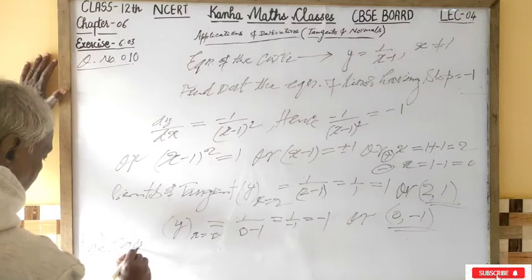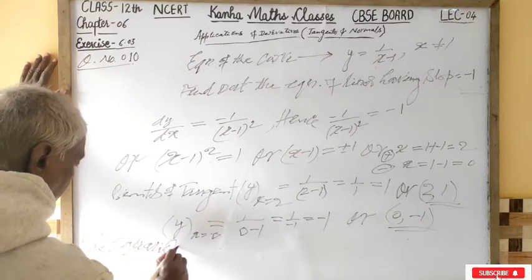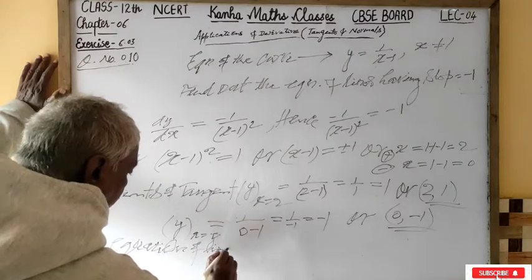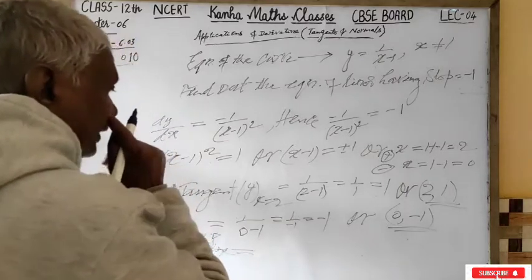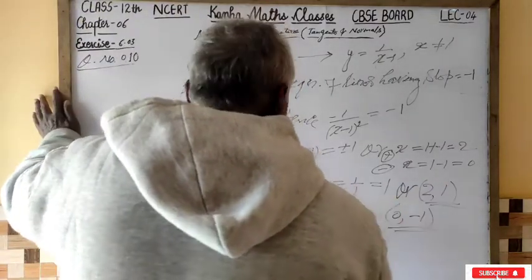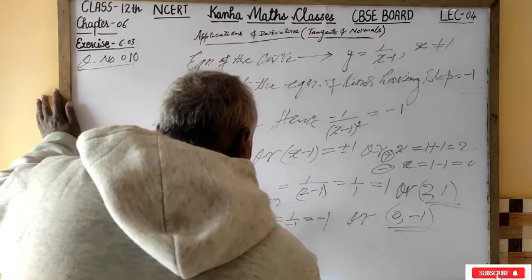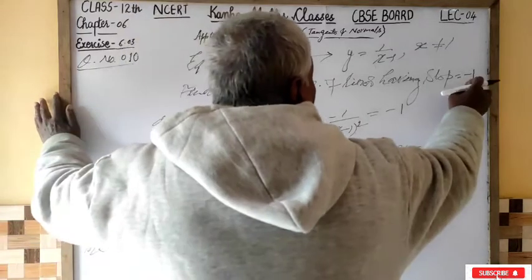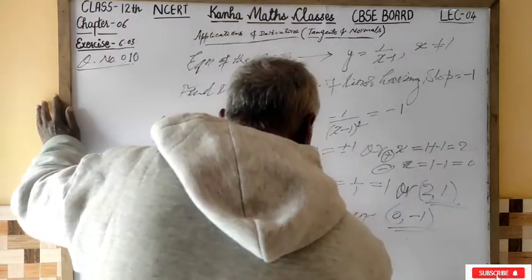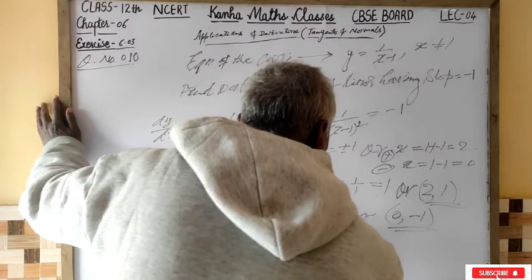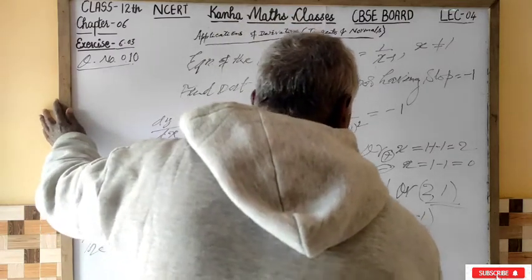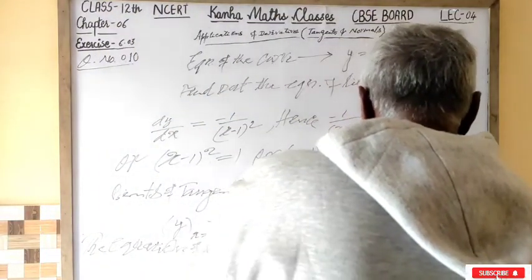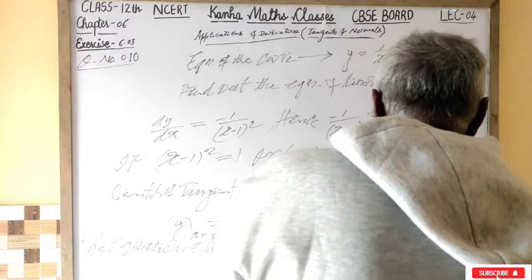The equation of line is y minus y1, that is y minus 1, is equal to m, that is the gradient, minus 1, into x minus x1, that is x minus 2, and this will be equal to minus x plus 2.